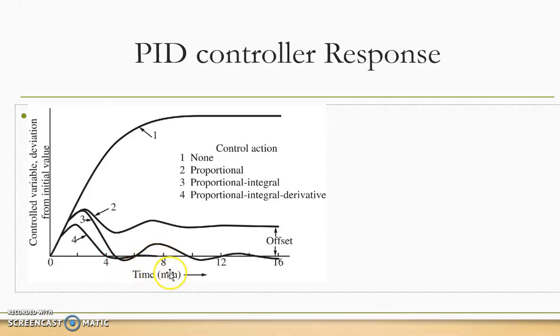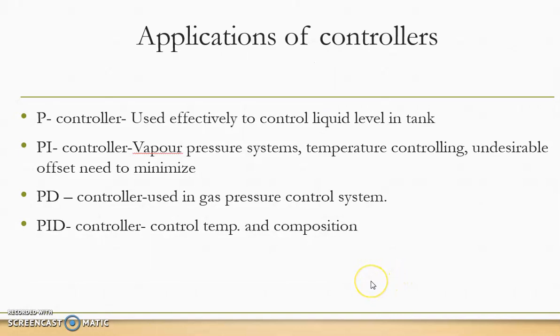So the PID controller is more beneficial than the other controllers, but it is very important to know the industrial application of each controller. The P controller can be used effectively to control the liquid level in a tank. The PI controller can be used in vapor pressure systems and temperature control, where undesirable offset needs to be minimized, because the P controller will produce offset and the I action will reduce this offset.